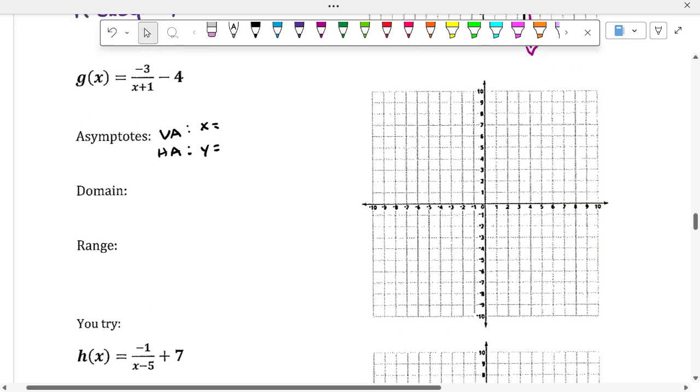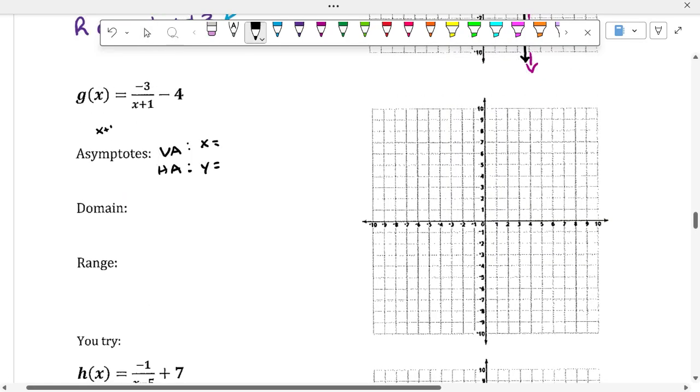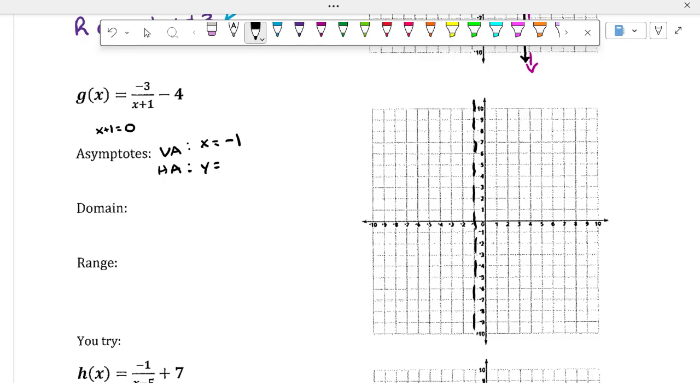Right. Set the denominator equal to 0. Solve for x. So x plus 1 equals 0. So Riley, what is my vertical asymptote? x equals what? Good. So x equals -1. So that's my vertical. So that'll be right here. Horizontal.